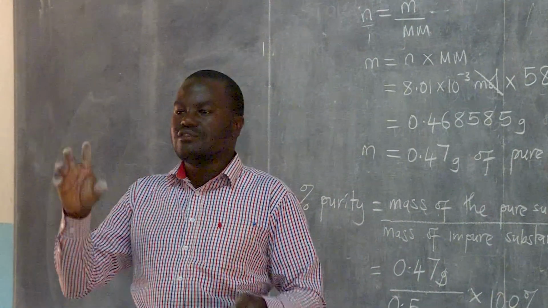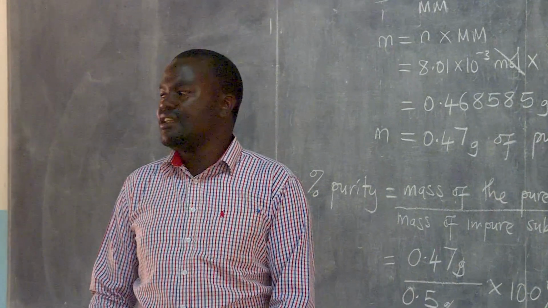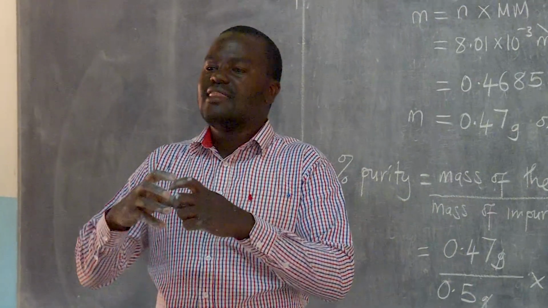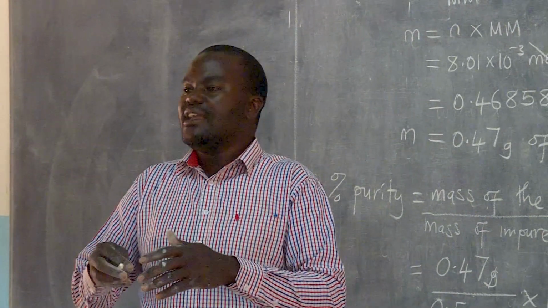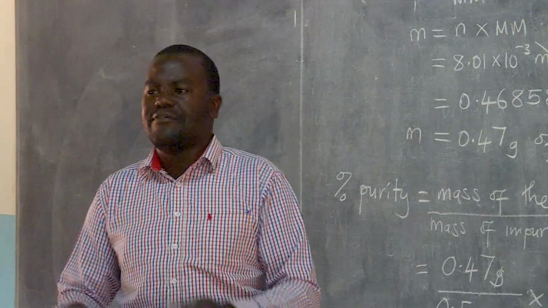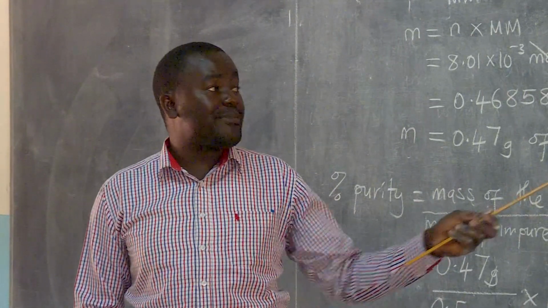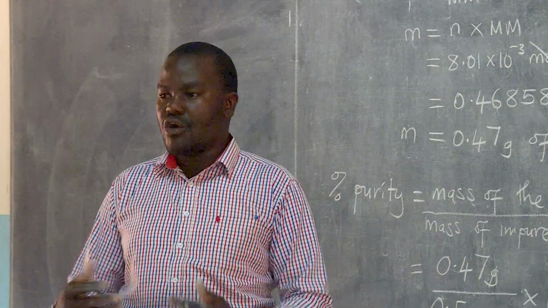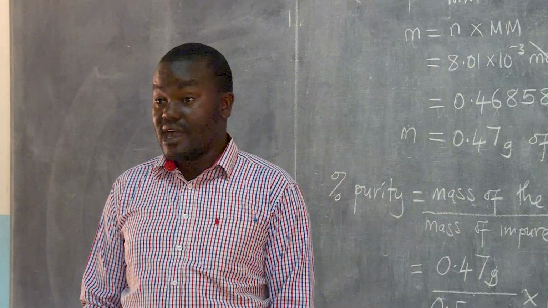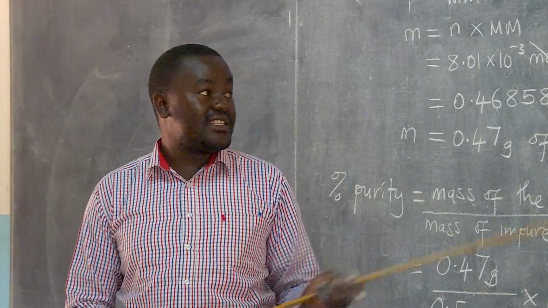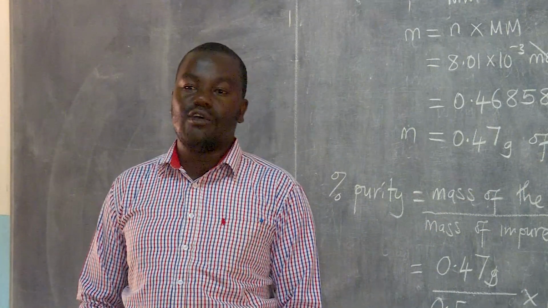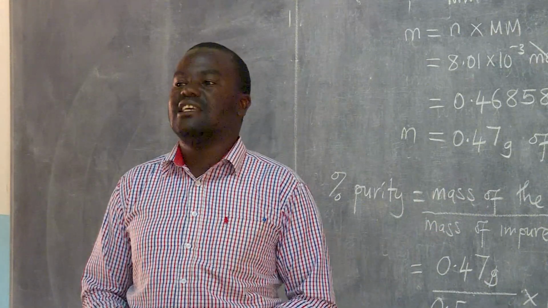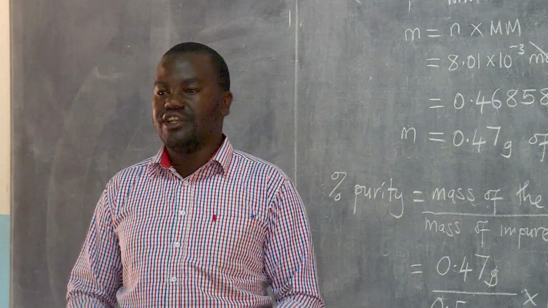You get the ores of that particular metal you want to mine, and it undergoes percentage purity testing to see if the mining will be making profits for you. If the percentage purity is very low, it means you'll be running at a loss. So this is the importance of percentage purity, and this is how we work out percentage purity that involves stoichiometry.